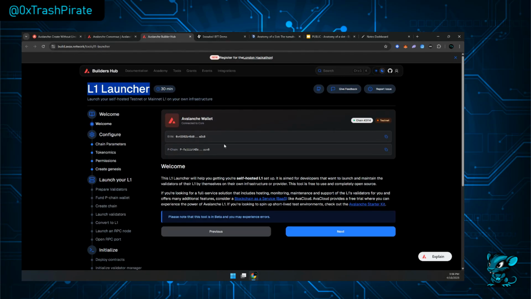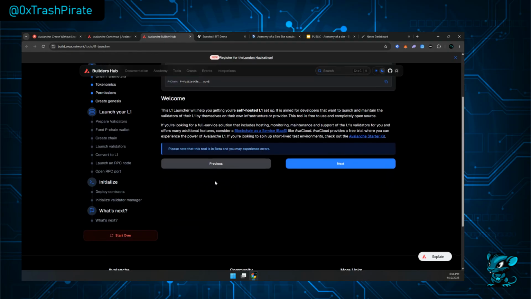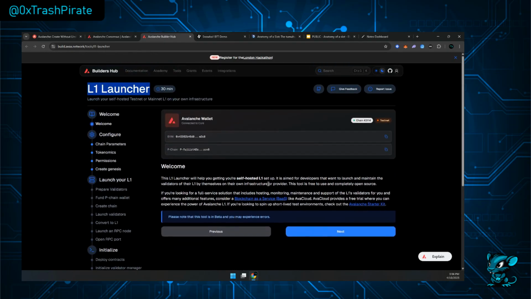But basically you can just click through the prompts and launch your own blockchain with your own configuration, your own gas token and whatsoever. I think this is very promising and interesting to businesses. As they say, blockchain as a service, it becomes this easy, and you can configure and tweak it however you want. I think that's very cool.